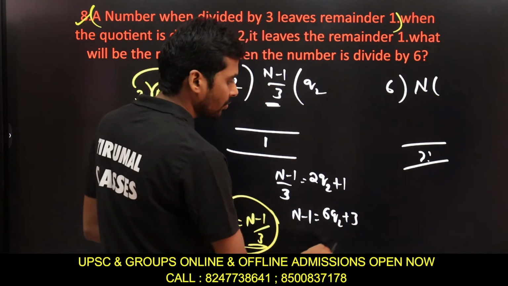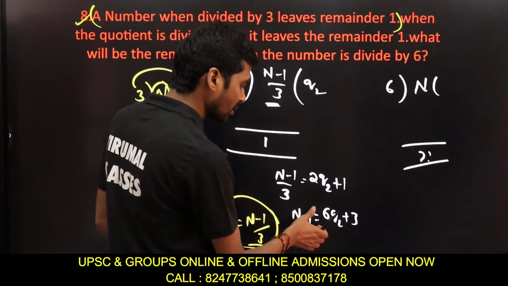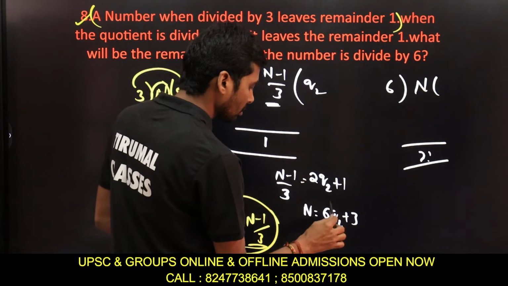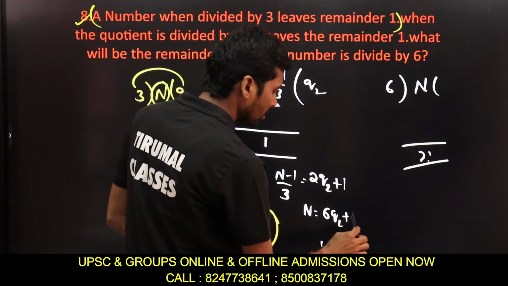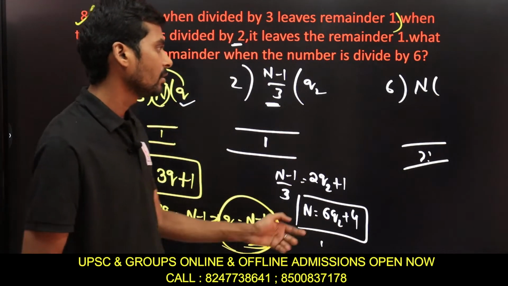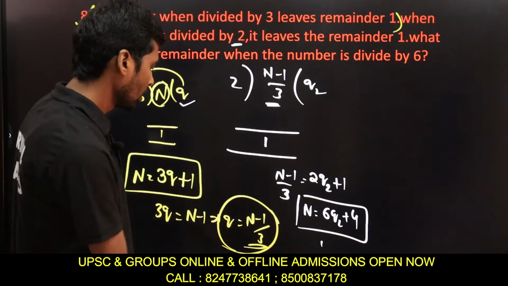And the minus 1, when you take it to the other side, becomes plus 1. So N = 6q2 + 4. Now finally the value of N is 6q2 + 4.